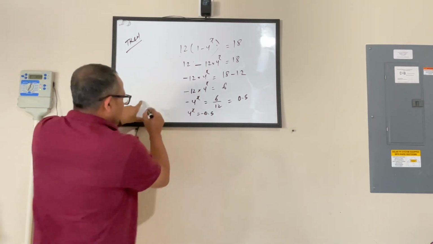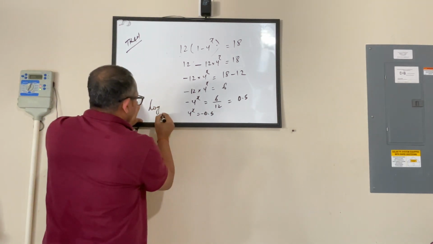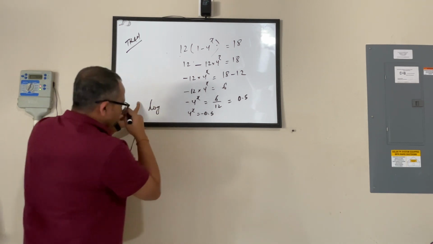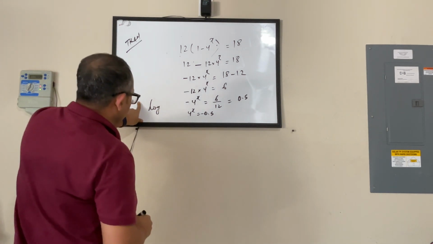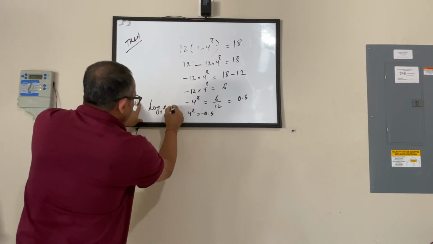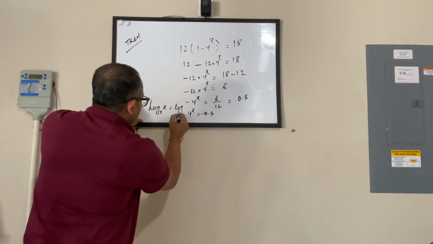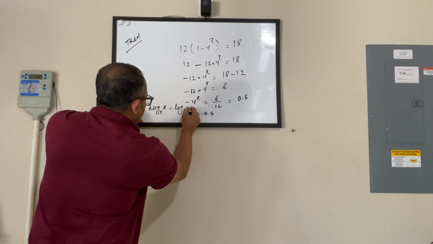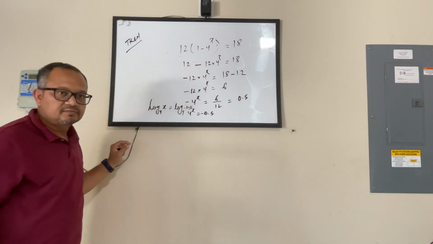So I can say this log, if I take base as 4, right? So log 4 x equals log 4 minus 0.5.